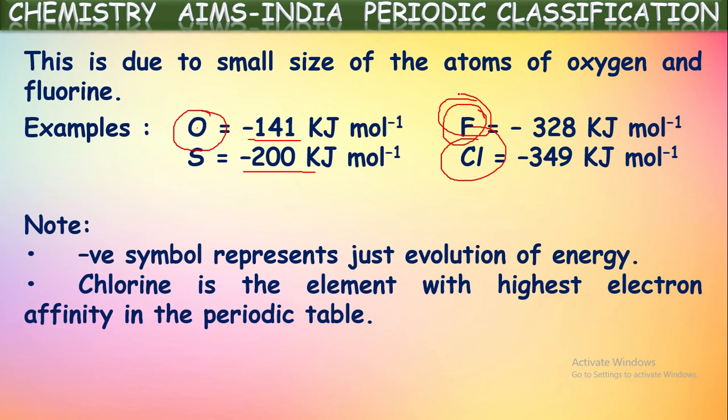We said that in any period, the halogen is the element with the highest electron affinity. In the halogens, the first element is fluorine. Actually, it should have the highest electron affinity, but because of its smallest size, the next element, chlorine, has the highest electron affinity among all.